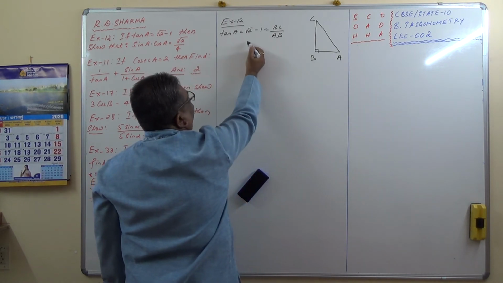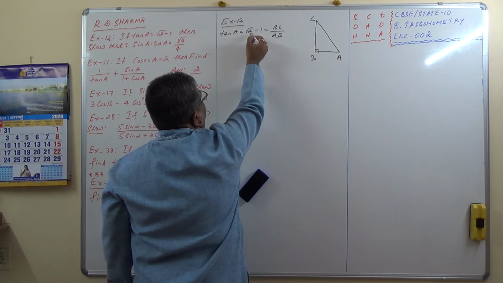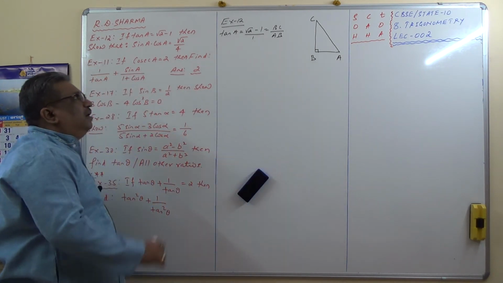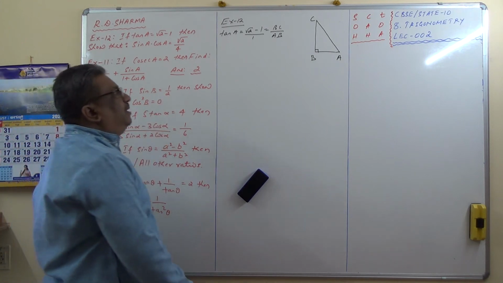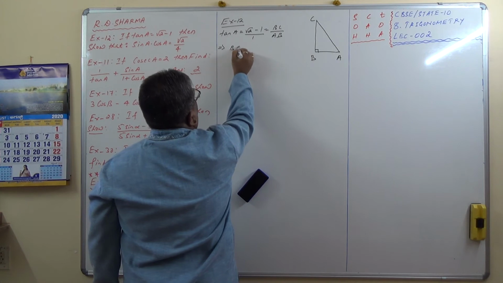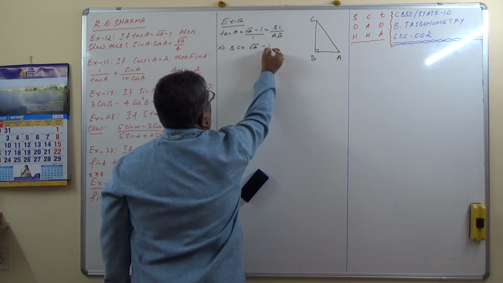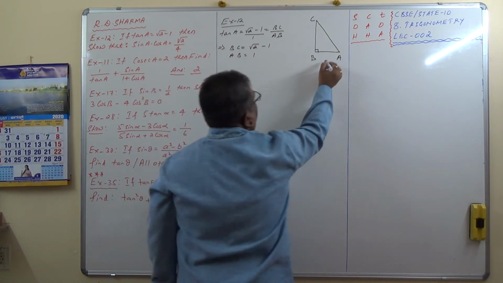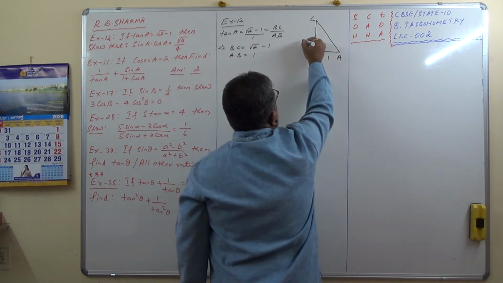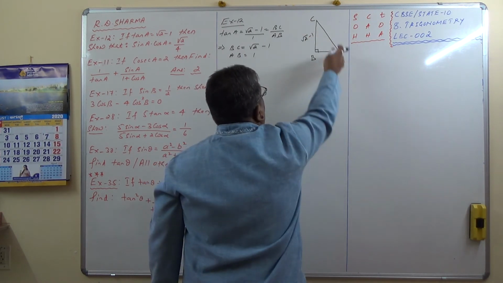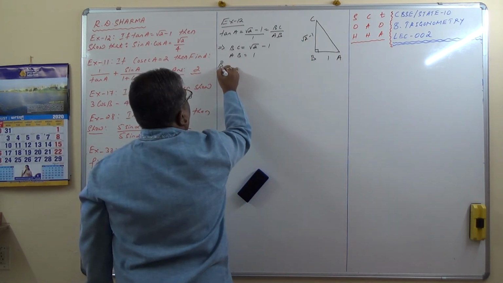Tan A equals root 2 minus 1 means I can also definitely consider the whole divided by 1 over here, opposite by adjacent side, BC by AB. So from here implies BC equals root 2 minus 1 and AB equals 1. Let us find out AC by Pythagoras theorem.